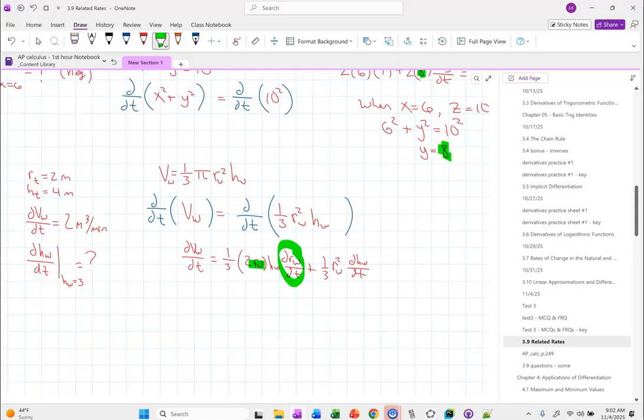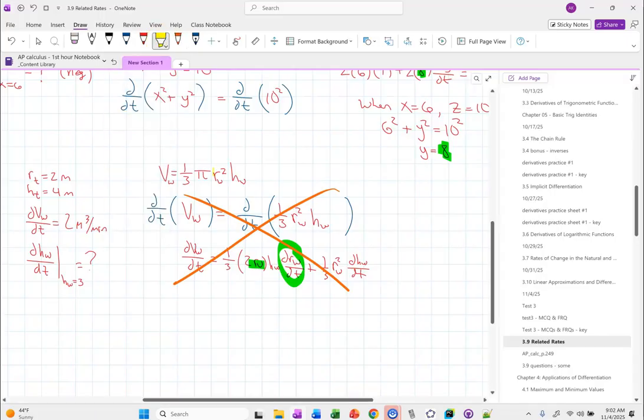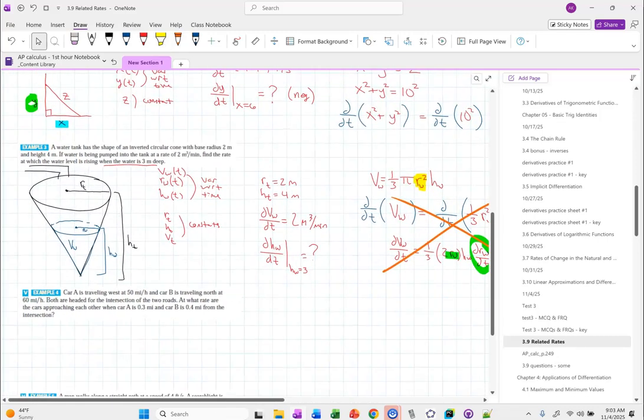So this just won't work. Too soon. What I want to do is rewrite this equation and get rid of this r_W in it. I need to look at my picture and look for a way to eliminate that variable, r_W.